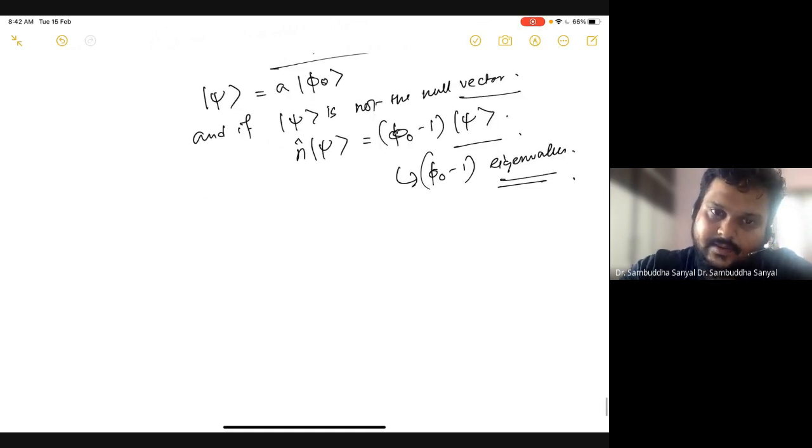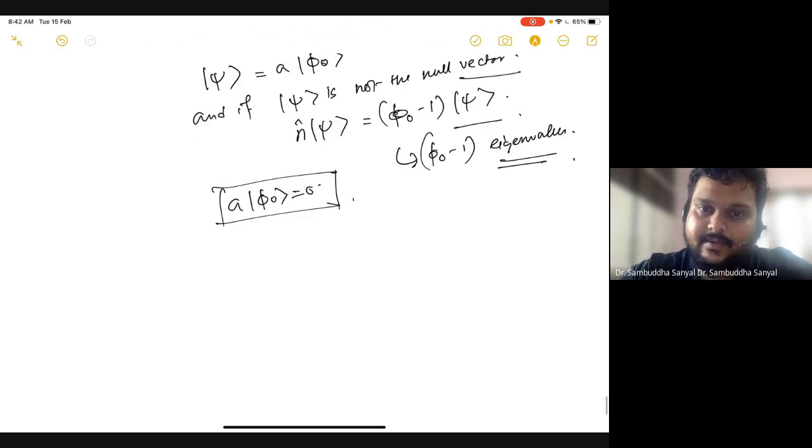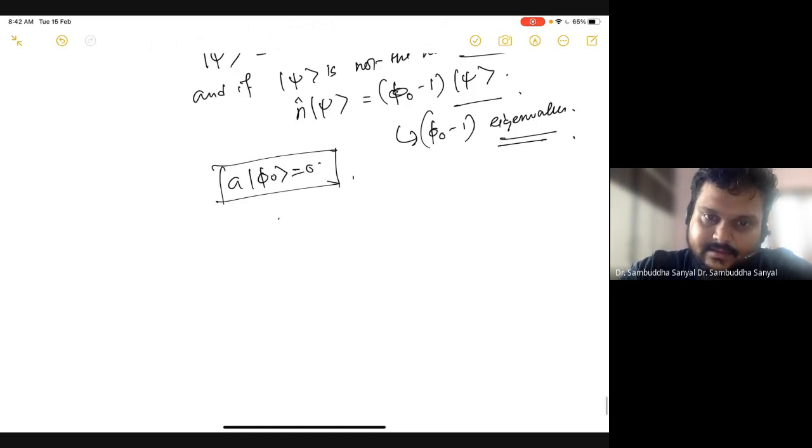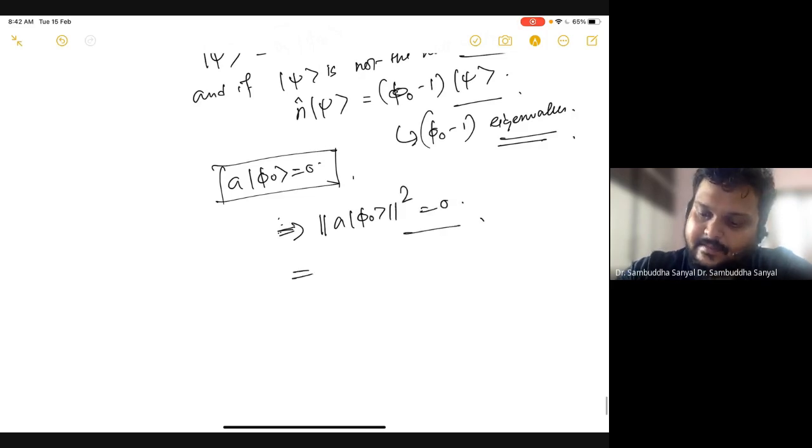But we know that a phi naught is equal to 0, and that came from this point. So the only way you can interpret it is that this is going negative. So a phi naught equals 0. This implies a phi naught mod square equals 0, and that implies phi naught in phi naught equals 0.